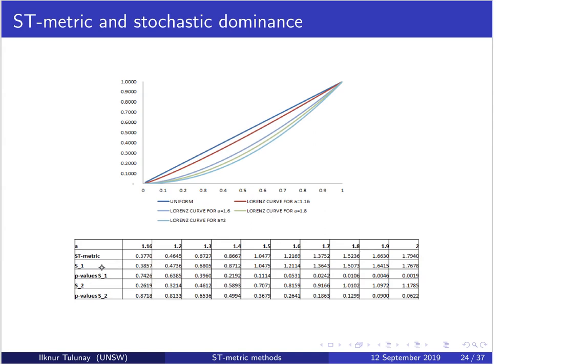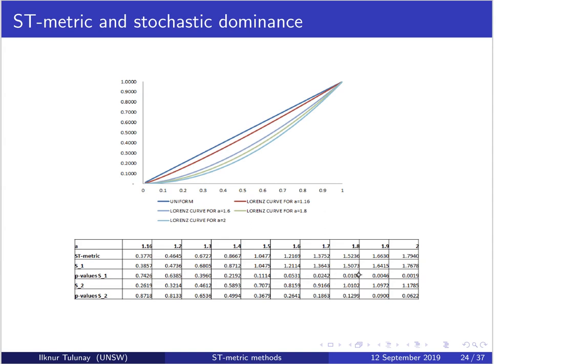For the stochastic dominance method, you have 1.7, 1.6, and the p-values here are 0.05, 0.02, 0.05.